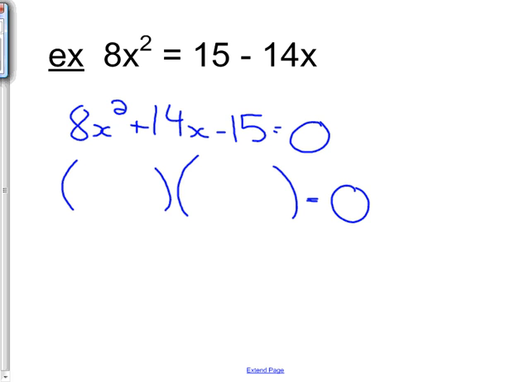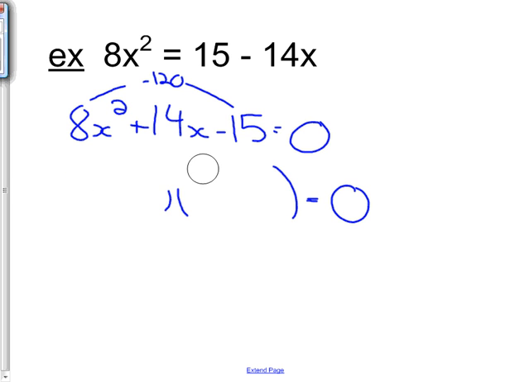What's 8 times negative 15? There's negative 120. Two factors that multiply to negative 120 and add to 14: 20 and negative 6.